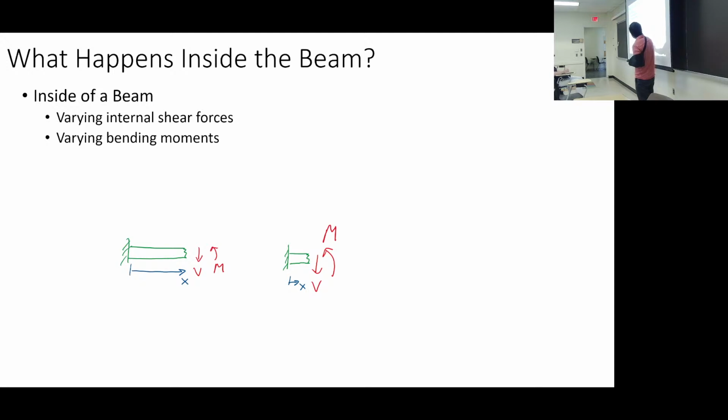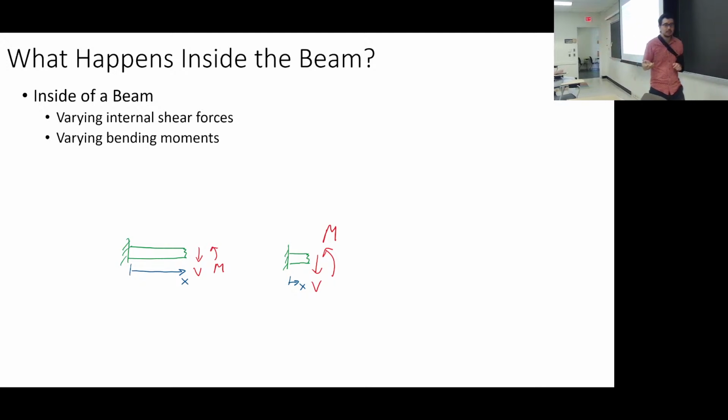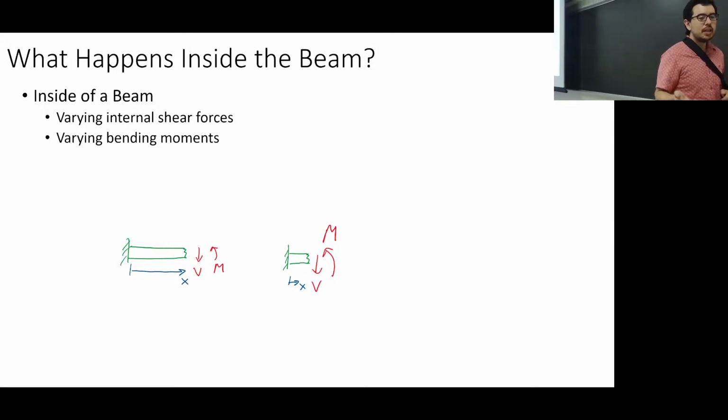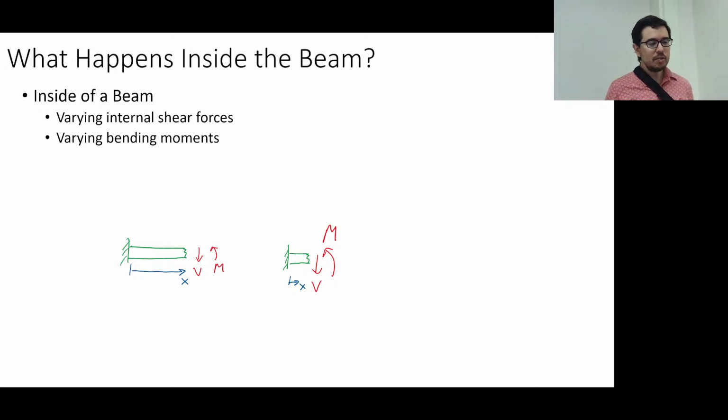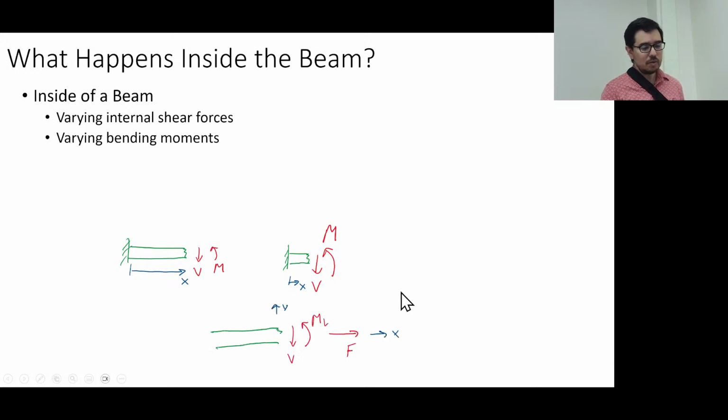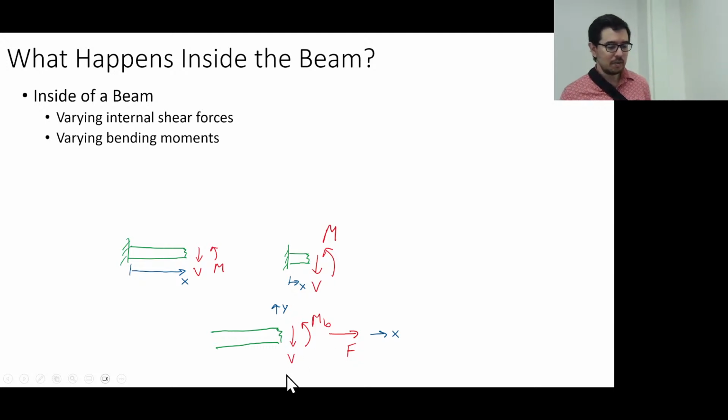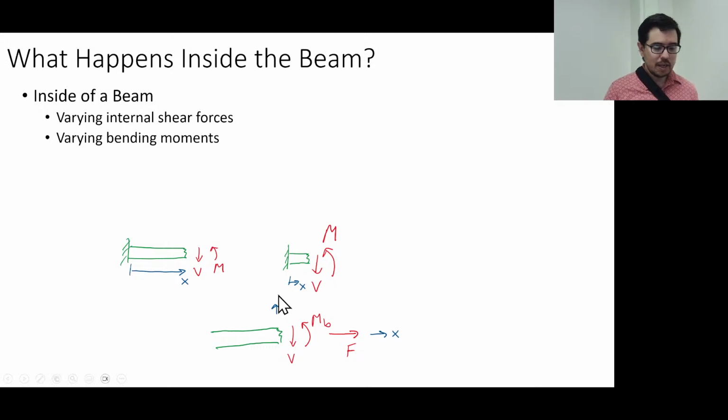We are going to think about how V and M are varying as a function of X. We will also have things like axial loads that we can draw in there, but typically we're interested in V and M. And we have a y-axis, and Z in this case would be coming out of the board.